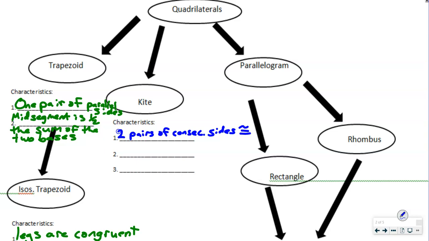The second characteristic is that diagonals are perpendicular. Don't get that confused with rhombuses. They do have the same characteristic as a rhombus.